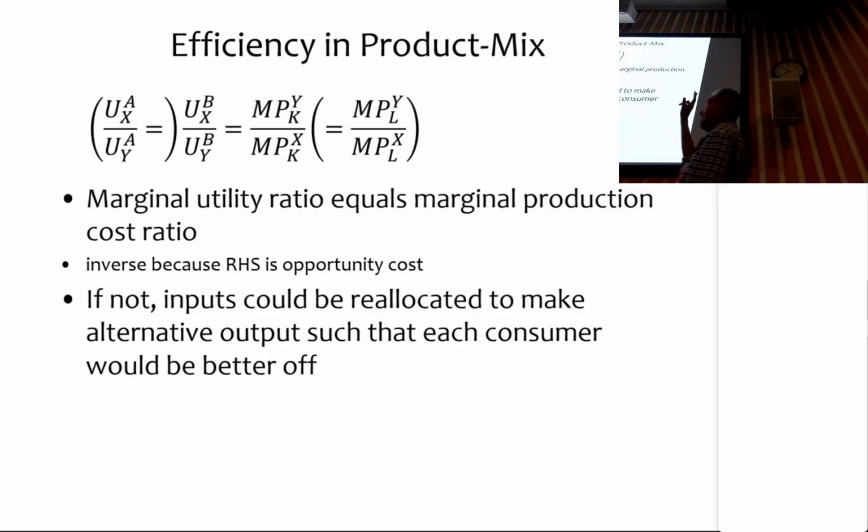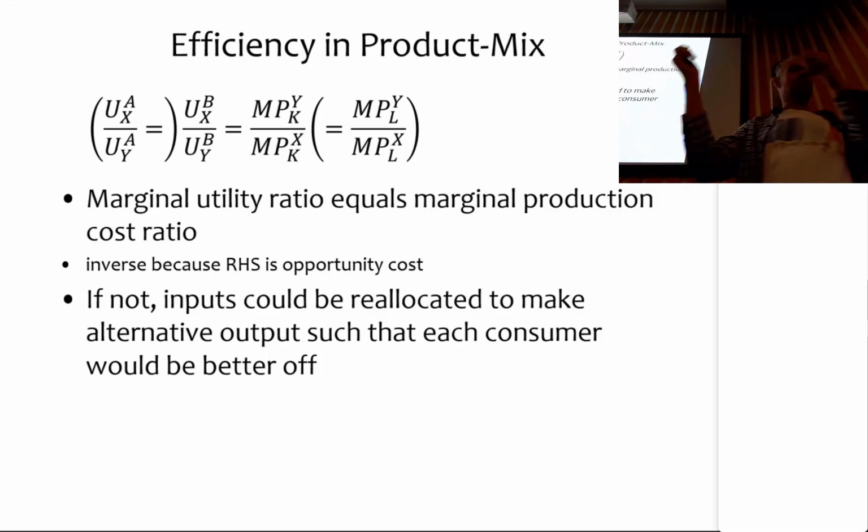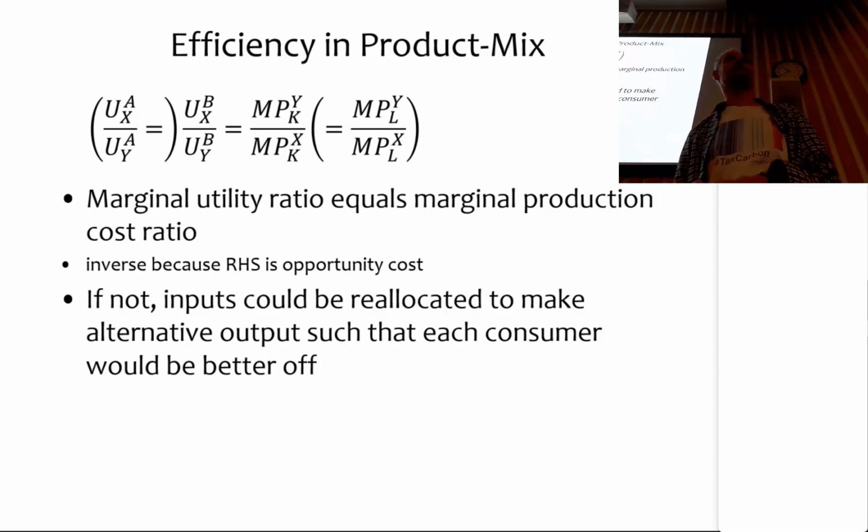On one side we have the benefit, on the other side we have the cost. If this condition is met, and the other two, then we have total efficiency. Again, if this condition is not met, then you can shift labor and capital around such that each consumer, both consumers, would be better off.